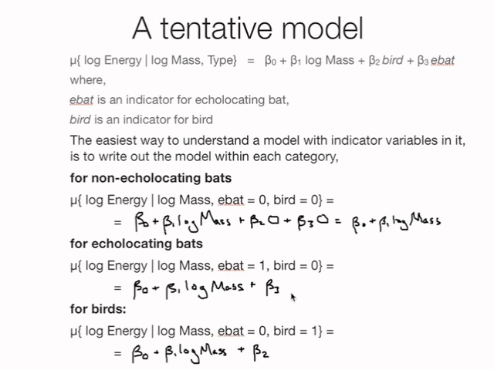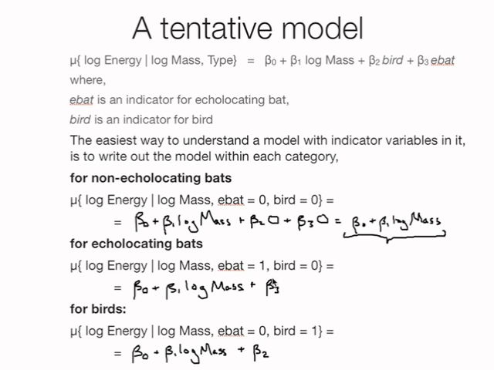If we look at these three models for these three categories, we see they all share this beta 0 plus beta 1 times log mass. So they all have a straight line function of the log energy with respect to log mass. The difference is the beta 3 parameter for the echolocating bats and the beta 2 parameter for the birds.